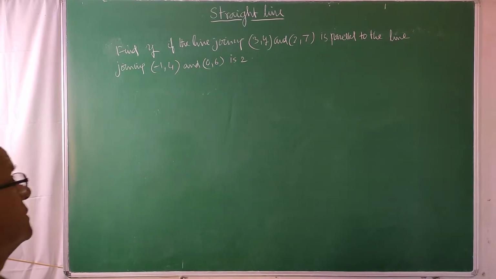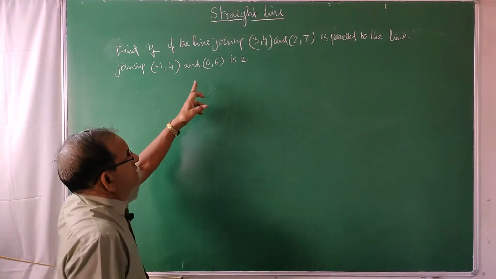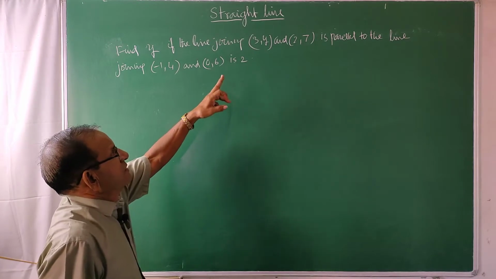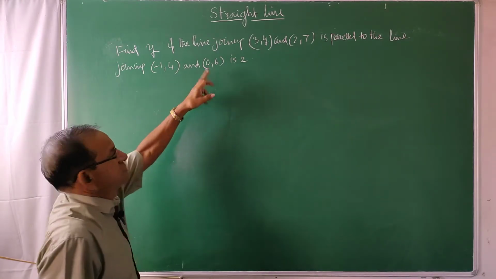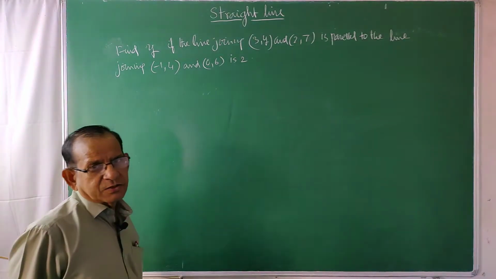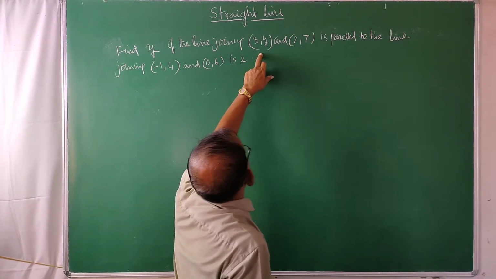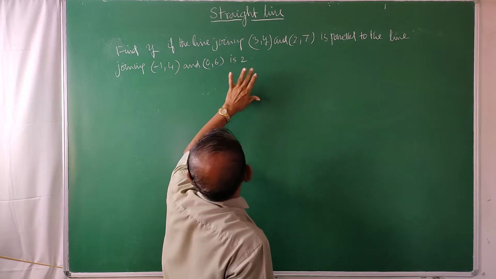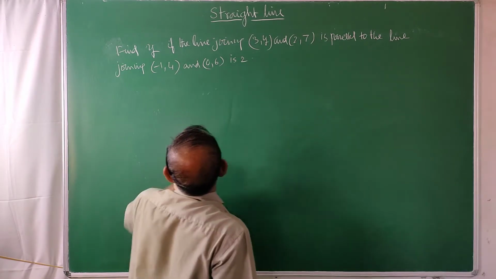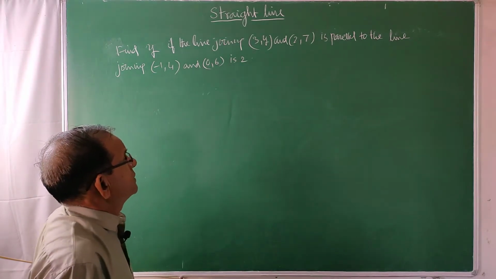Now, see this question. Here 4 points are given, (3, y), (2, 7), (minus 1, 4) and (0, 6), and it is also given that the line joining (3, y), (2, 7) is parallel to the line joining the other two.